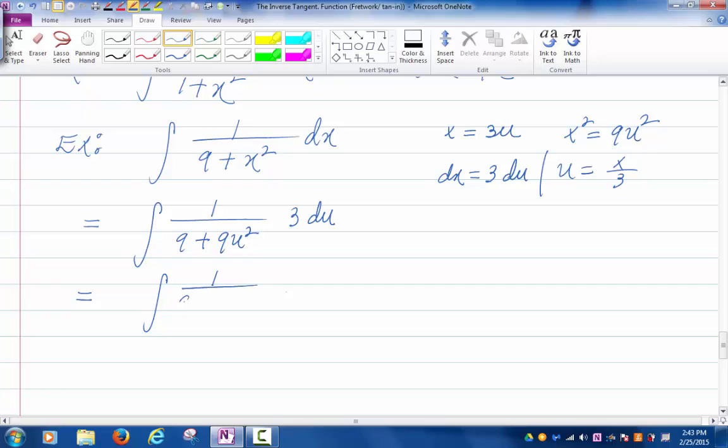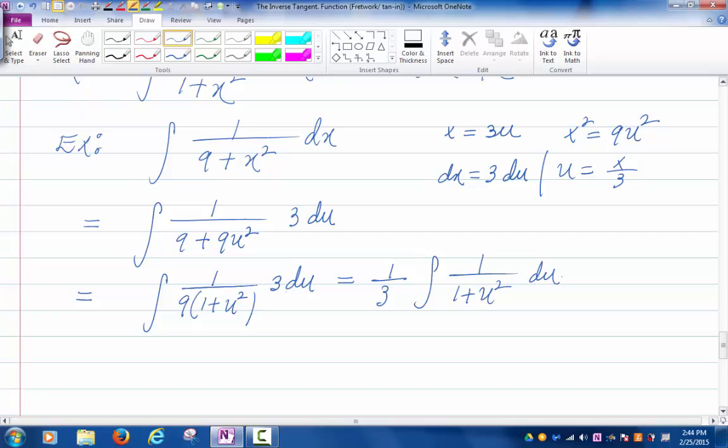I get 9 times 1 plus u squared, 3 du, which is 3 and 9, they cancel out to 1/3, and I'm going to put the 1/3 outside of the integral, so I get 1 over 1 plus u squared du.